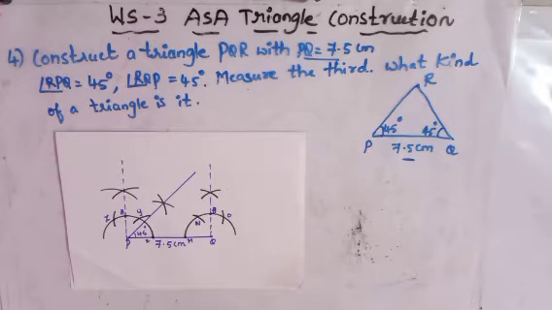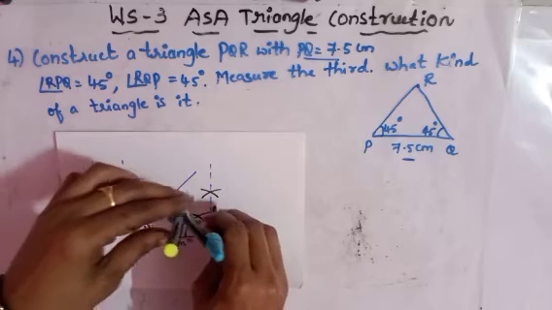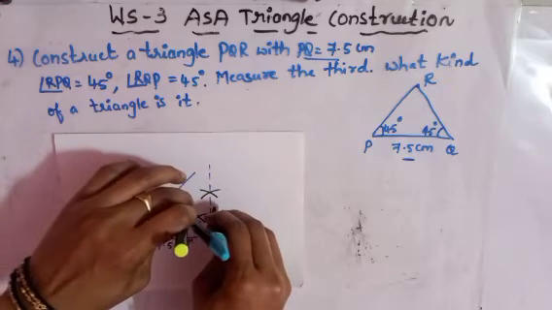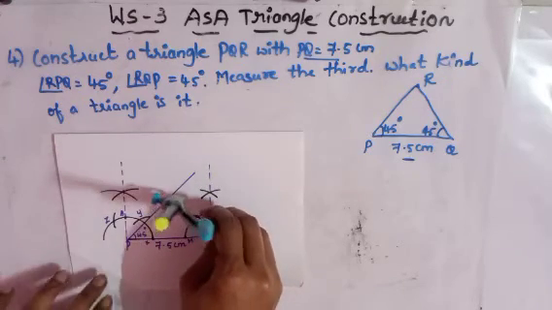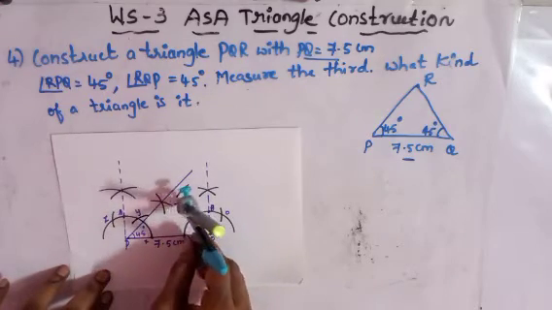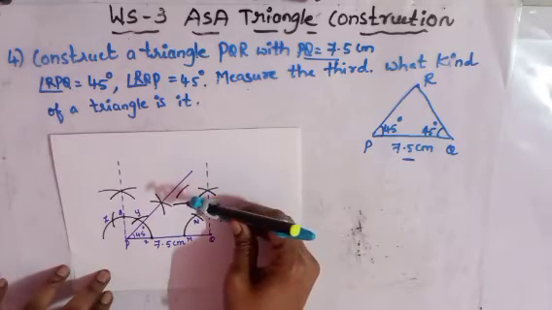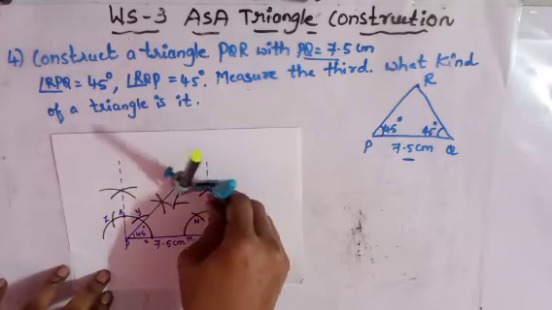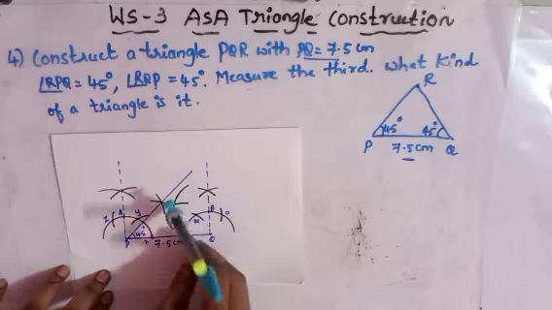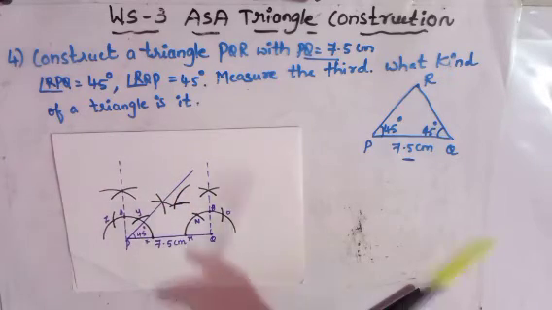Now place the compass at point B, draw an arc with the same or a convenient radius, and place the compass at M, draw one more arc. Now both the arcs do not intersect. Again place the compass at B and draw an arc, place the compass at M, draw the arc. Now both arcs intersect.